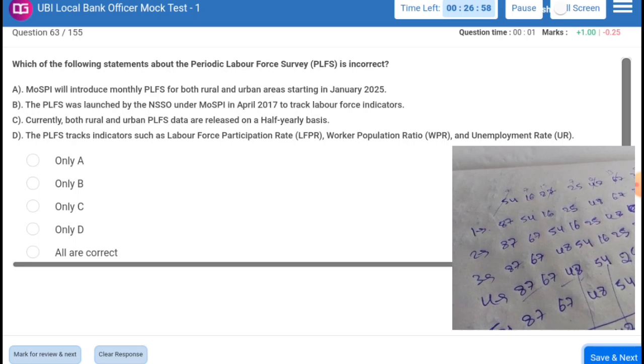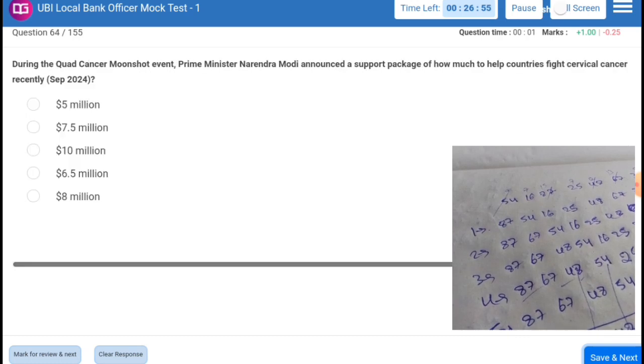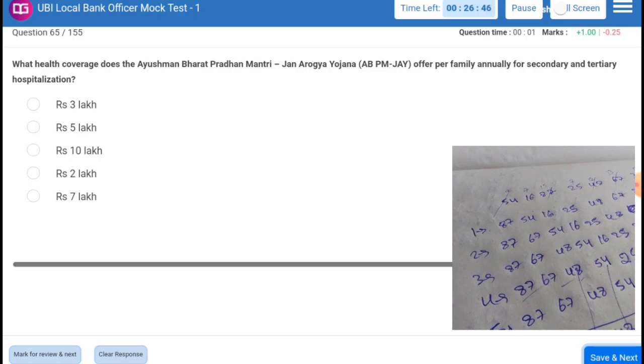So I have doubt on this Periodic Labour Force Survey. So I think 5 lakh. What health coverage does the Ayushman Bharat Pradhan Mantri Jan Arogya Yojana offer per family annually for secondary and tertiary hospitalization? 5 lakh per family, as per my view.